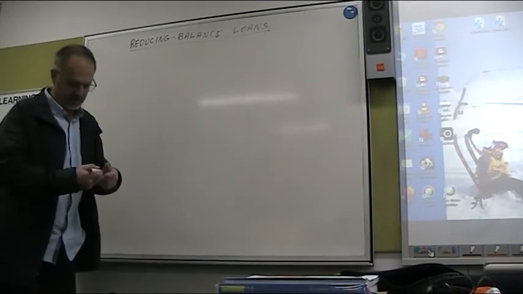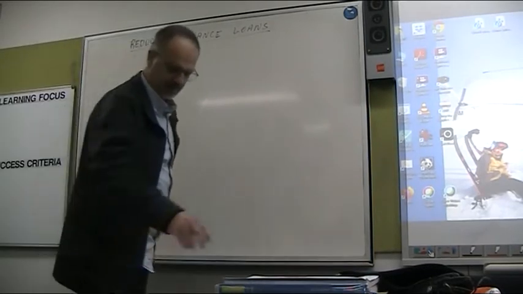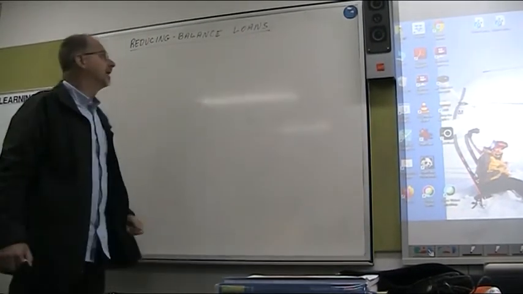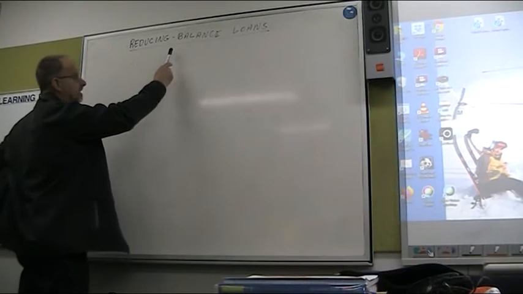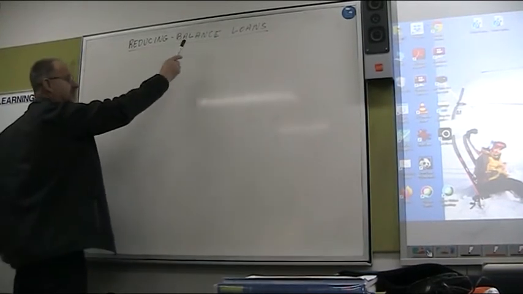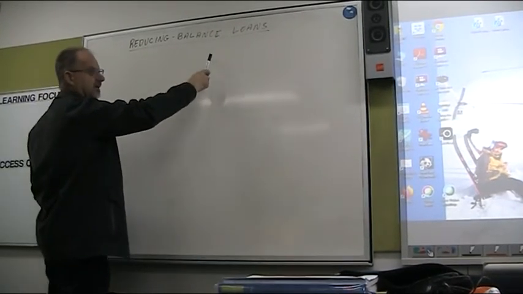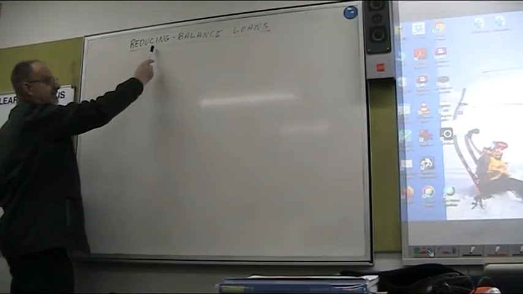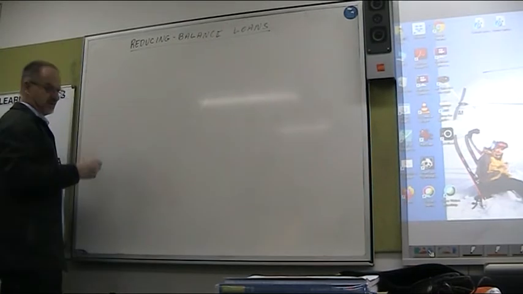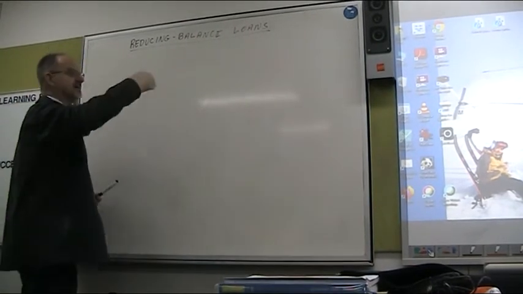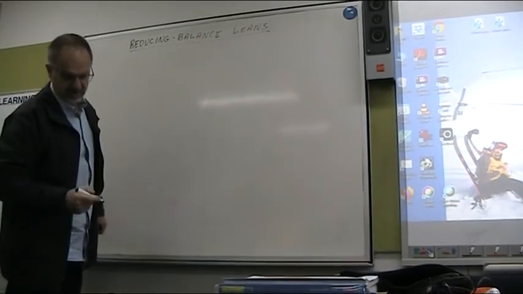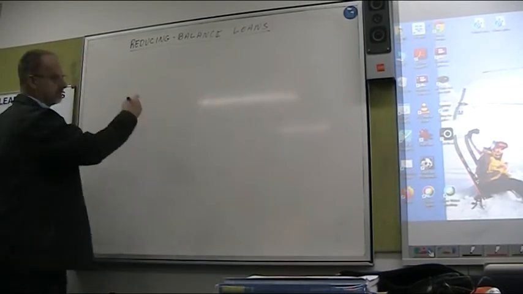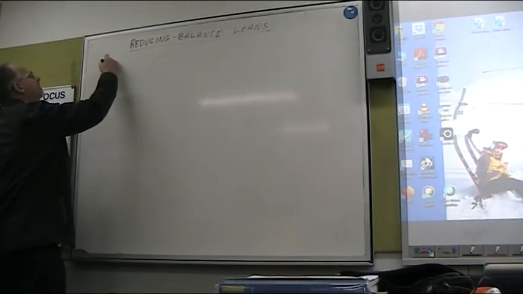The recurrence relation that we would use for the reducing balance loan would include the geometric part for the compound interest, but also there's a linear bit for your payments that go in, because normally you would pay the same amount all the time. So that's linear.